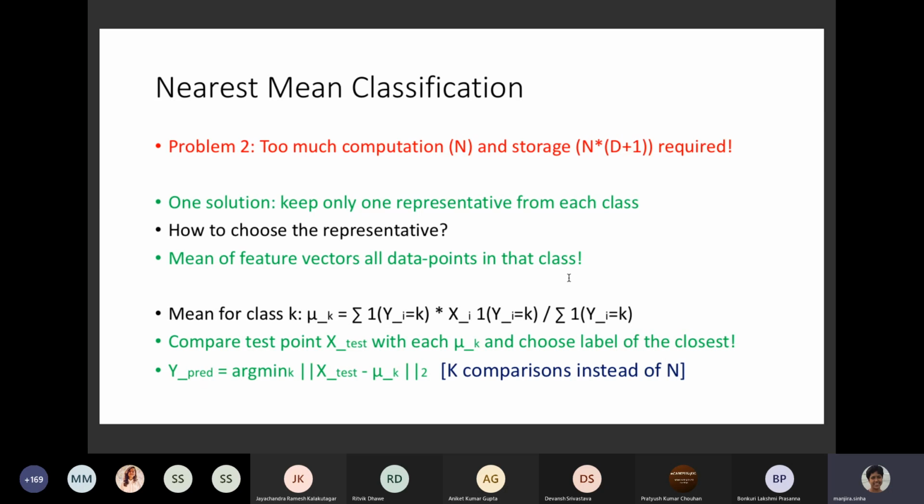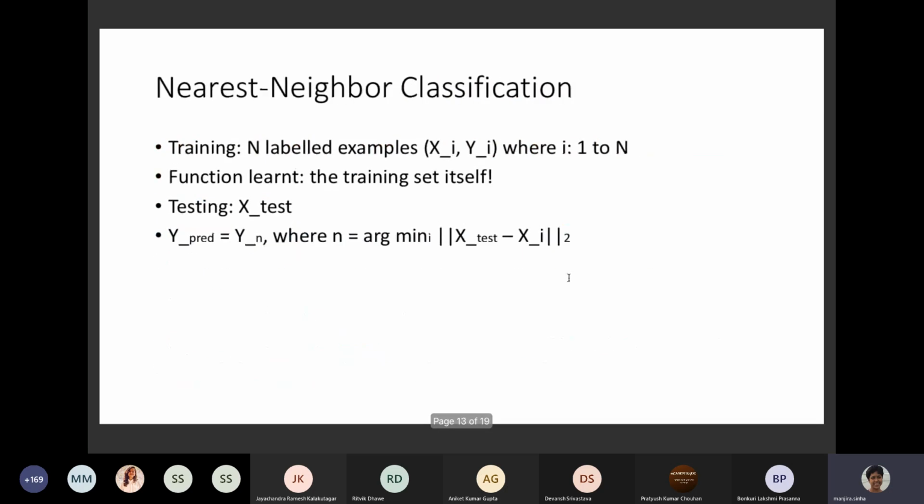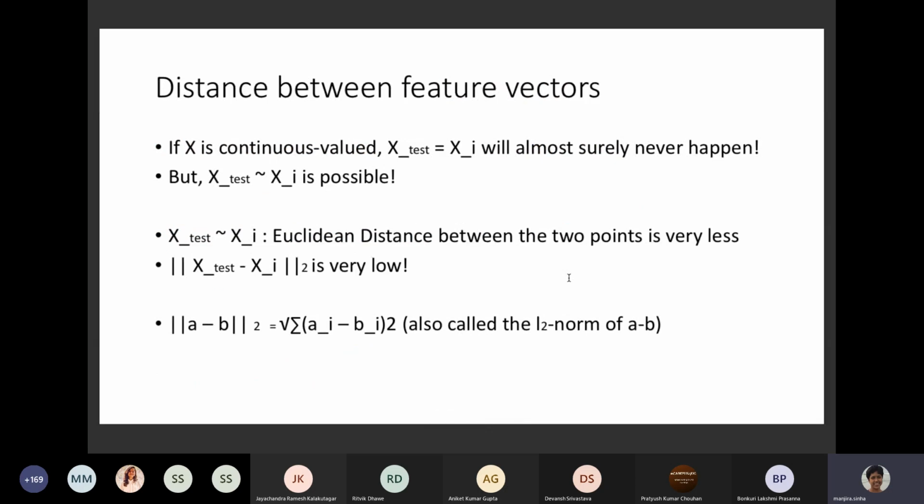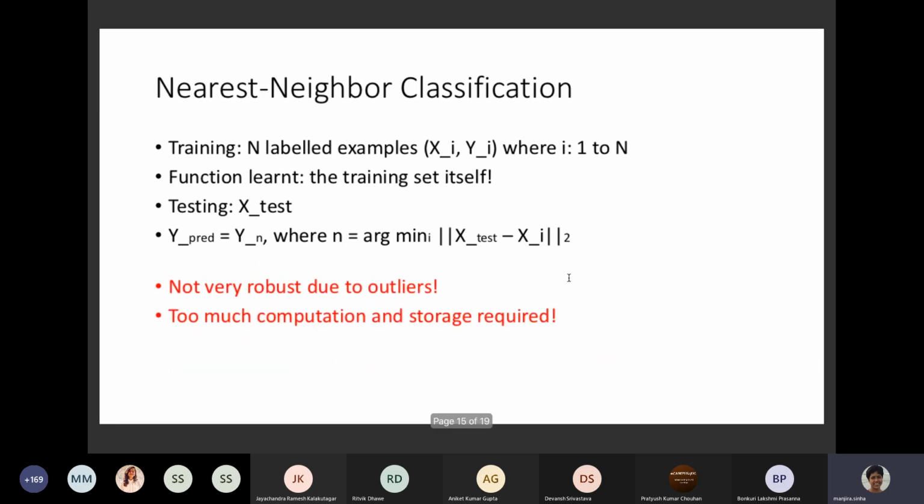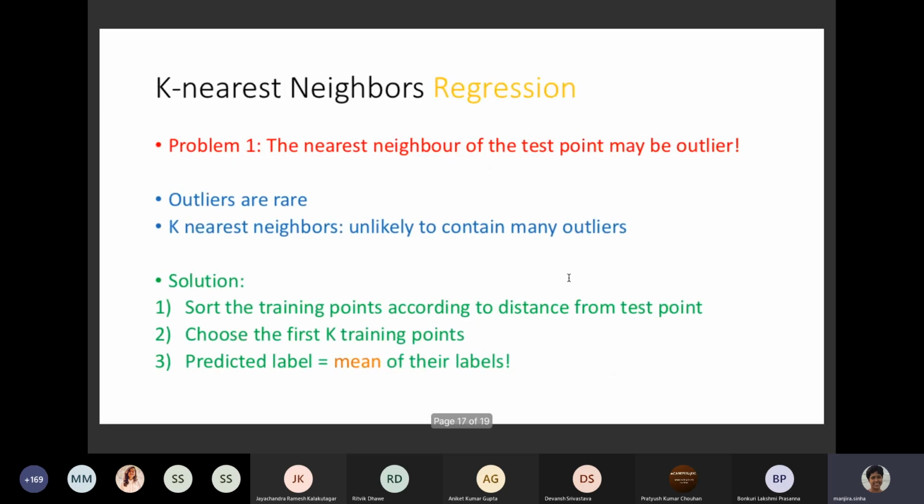So we can also modify this while calculating the nearest neighbor. Instead of the Euclidean distance, we can also use other types of distances based on our vector feature space and our applications.